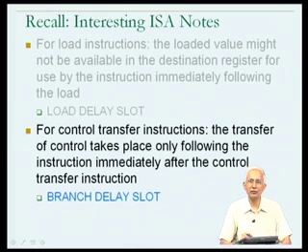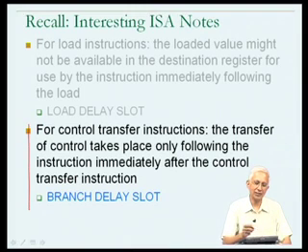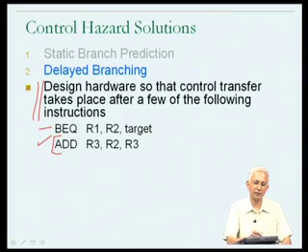When we were talking about interesting notes in the MIPS-1 instruction set architecture manual, this was the branch delay slot idea that we saw. The warning that we saw in the manual was for control transfer instructions: the transfer of control takes place only following the instruction which immediately follows the control transfer instruction, which is the situation that we were seeing over here.